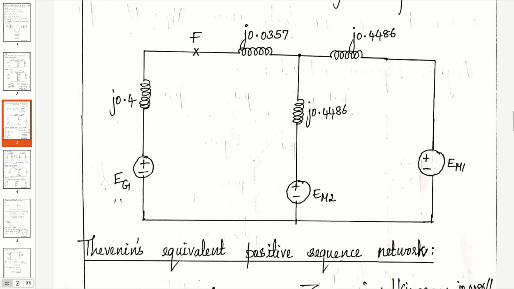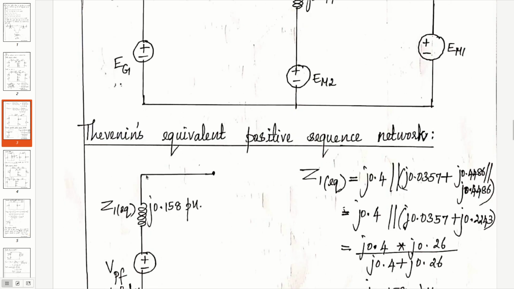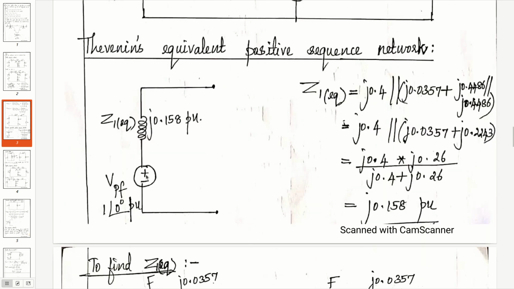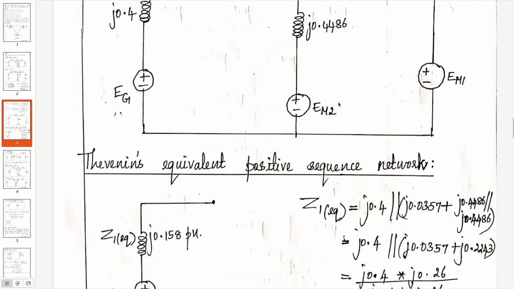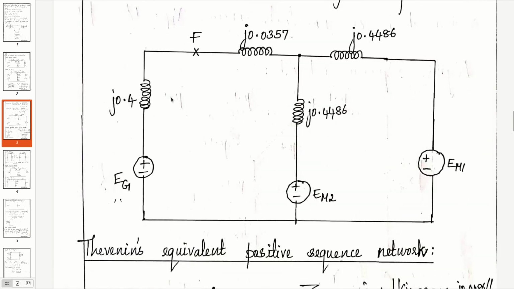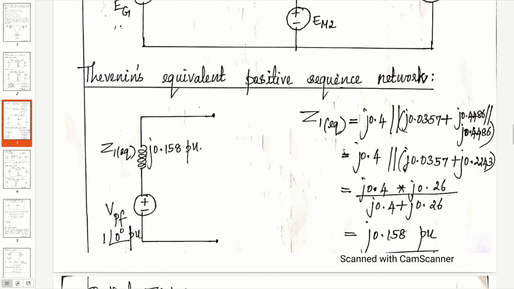After that we short the voltage sources to find the Thevenin's equivalent positive sequence reactance. We have j0.4 in parallel with j0.0357 plus the parallel combination of these two reactances.